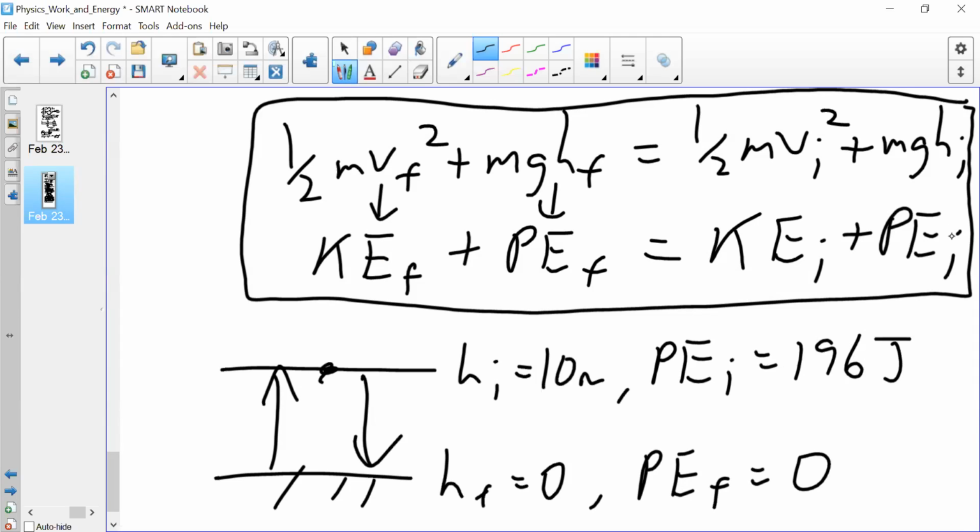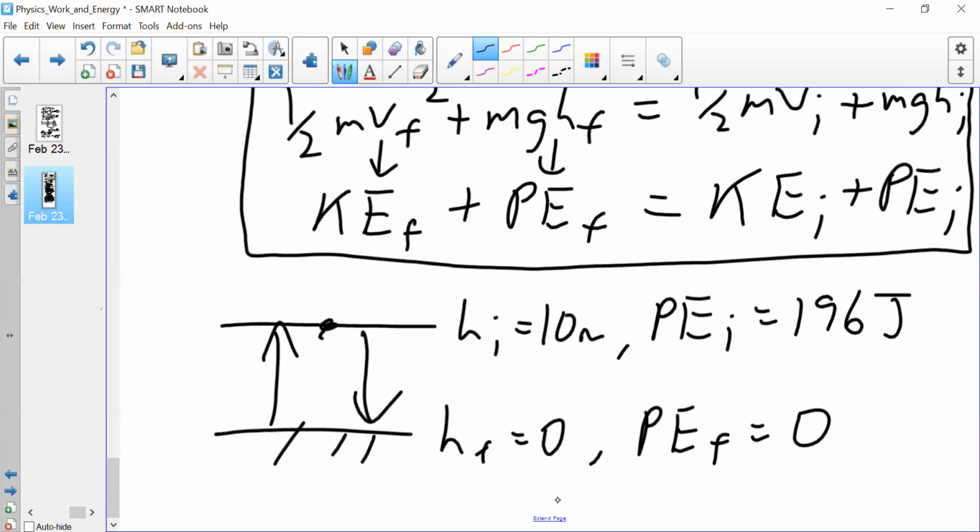So we're going to have 196 at the top and we're going to have 196 at the bottom. Even if we had both types of energy in the beginning, the sum of those energies will be the same in the end by this equation that we have.